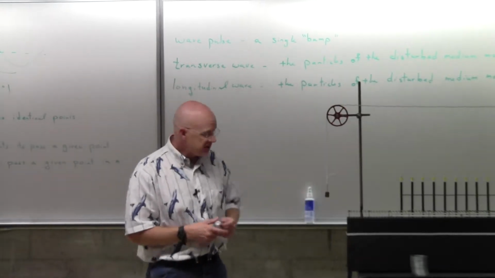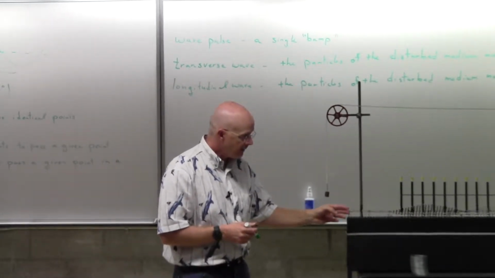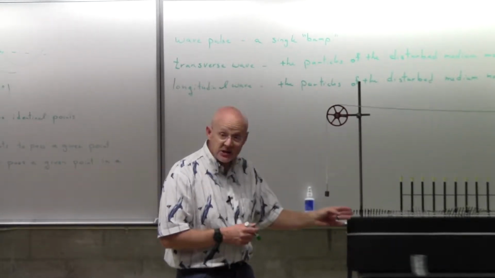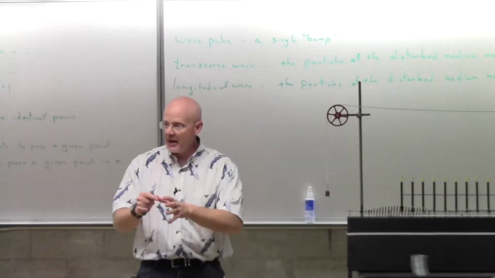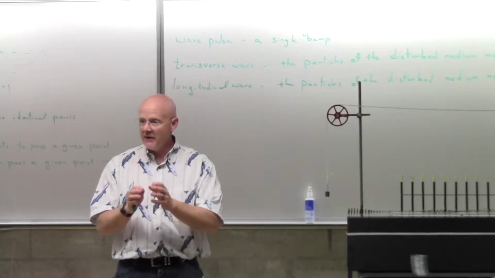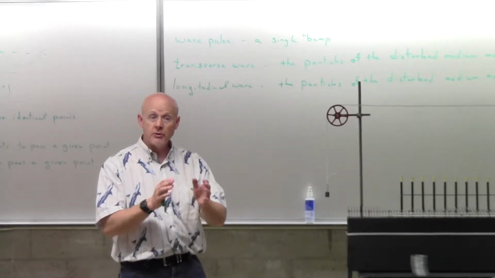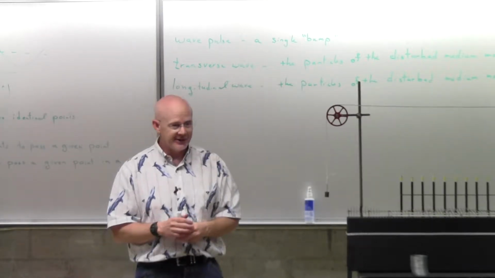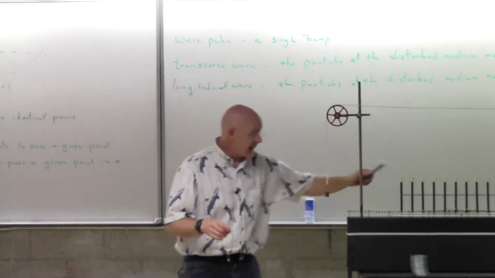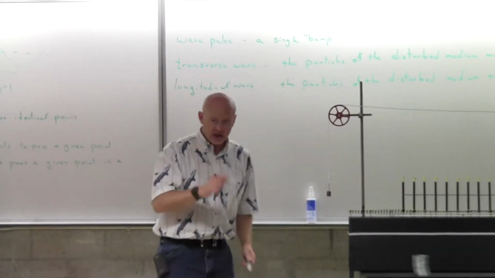This too is a transverse wave. It's a little faster wave, but it is still a transverse wave. They oscillate perpendicular to the direction they travel. In this case, they travel horizontally and they oscillate vertically. But this other one back here that I have fits this category.